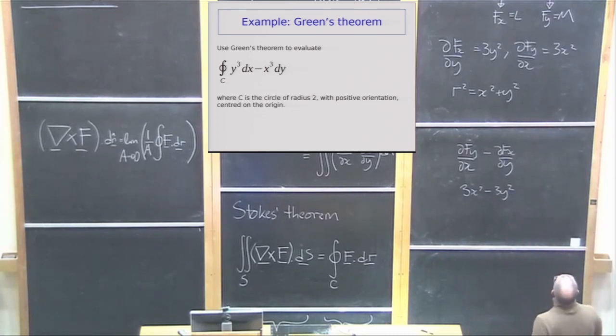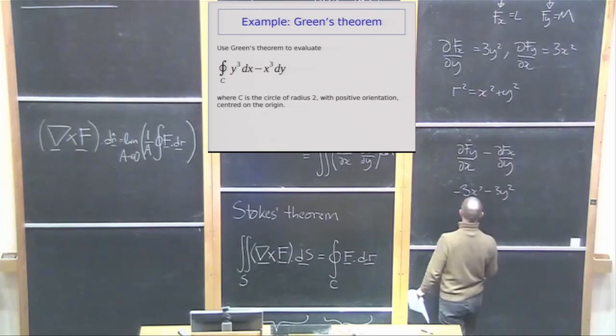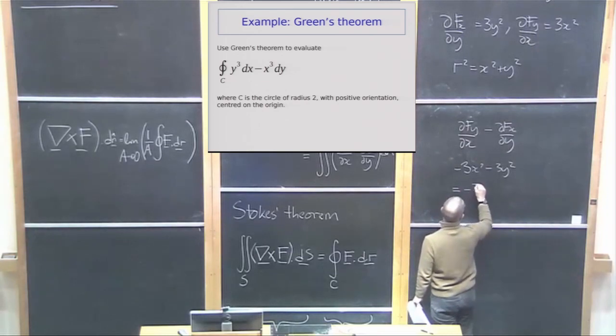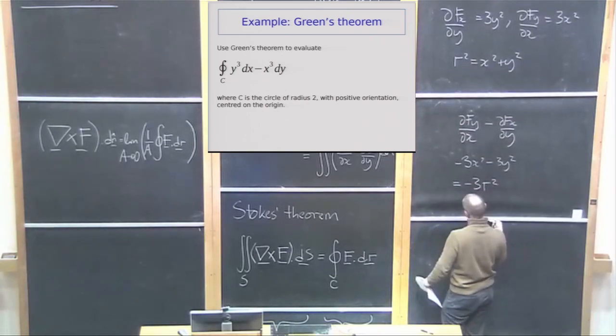I have a feeling I'm missing a minus. Right, so that then in plane polar coordinates is minus 3r squared.